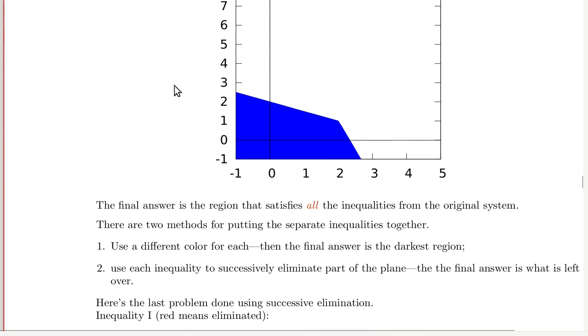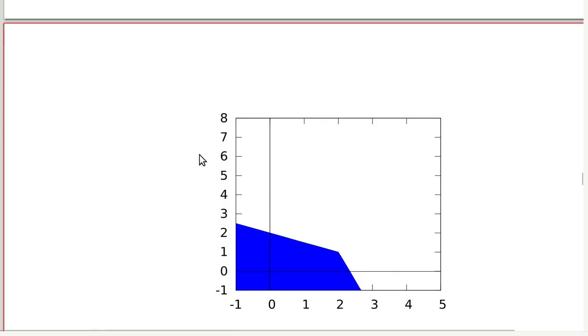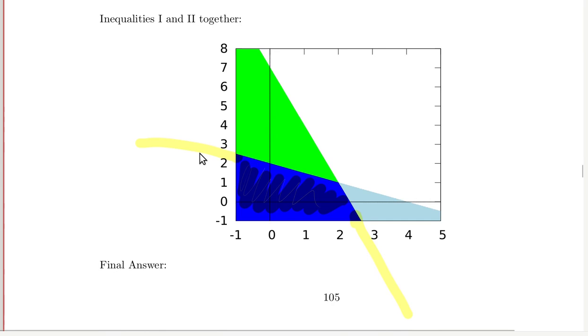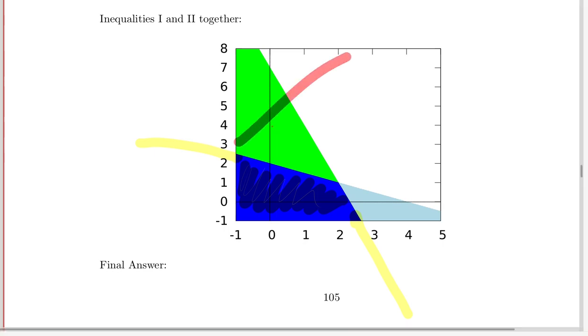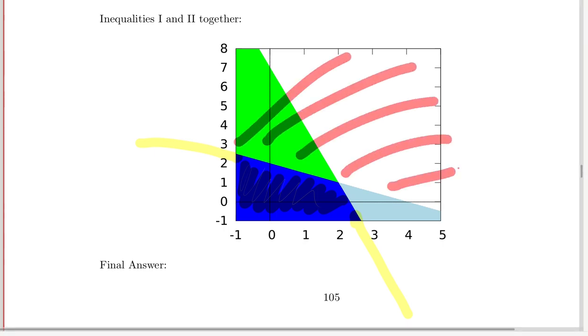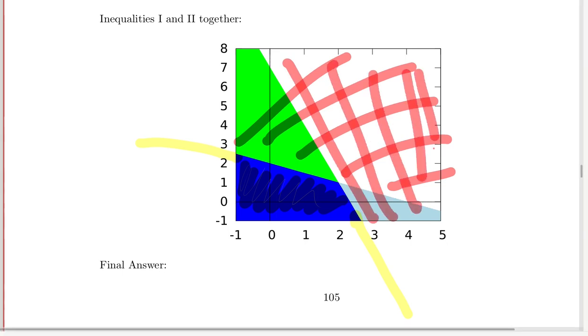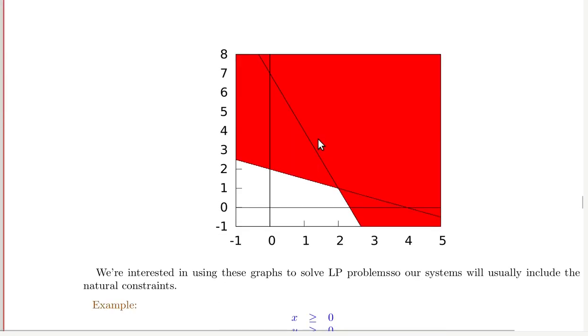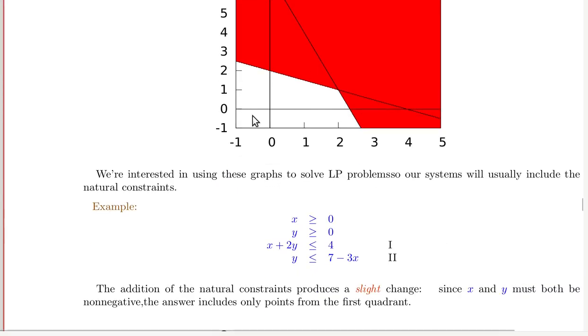So one constraint excludes one region. So for example, the blue constraint, the first constraint, excluded everything above it, everything up here, and the second constraint excluded everything also above it over here. And if you put the two excluded regions together, then you get pretty much the same answer, just in a slightly different way. Just a slightly different way to think about it.